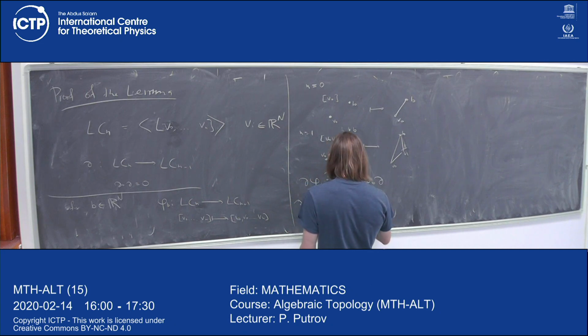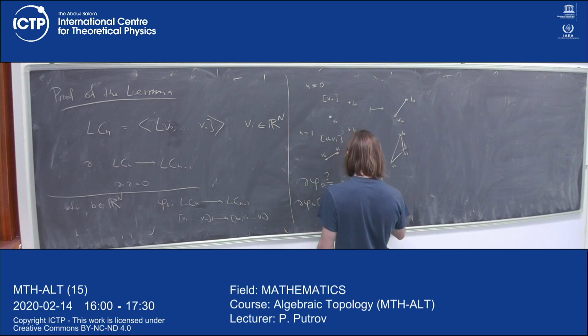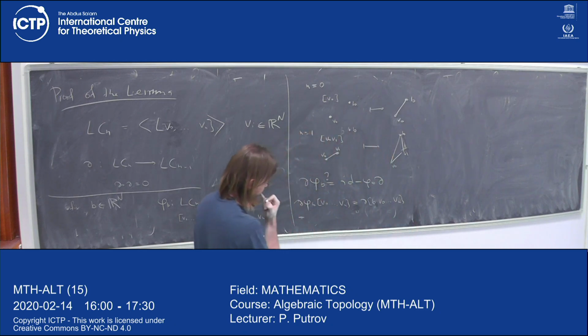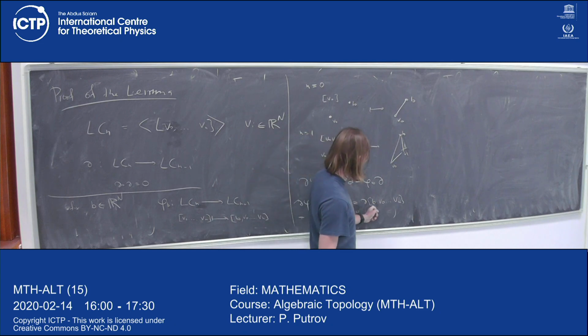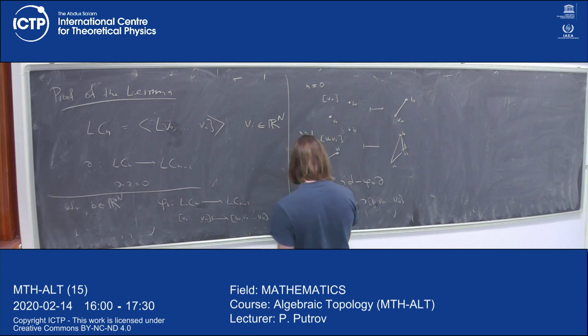I just use the definition of phi B, so I add a point here. And then by D, I have to take a sum. I have to remove points one by one, with plus and minus signs.